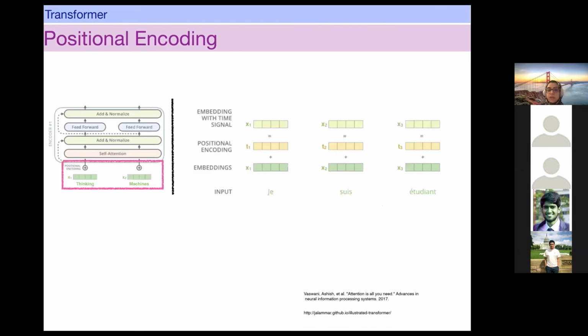Previously, let's say that I have a sentence that has the same word twice. How did a recurrent neural network handle this? It knew the position of the word, because it takes the input sequentially. So it knows that this is the second word, not the first word.